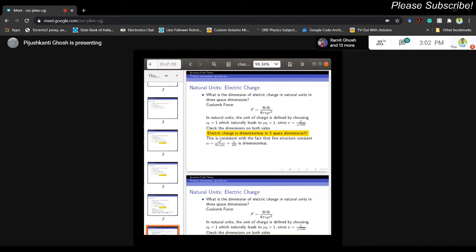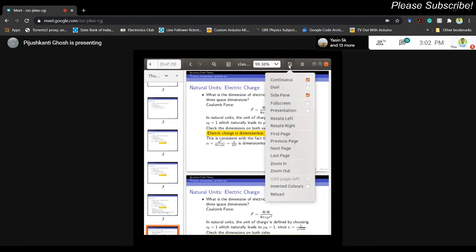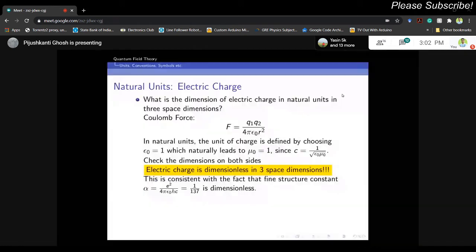Now one might ask, okay fine sir, then what's the dimension of electric charge in natural unit? Because in SI, CGS and all these units, you know that electric charge has some dimension. If you ask that, then I have a small calculation here.